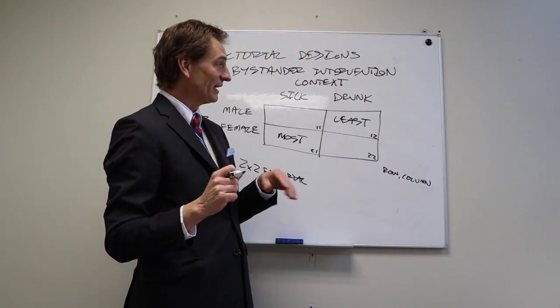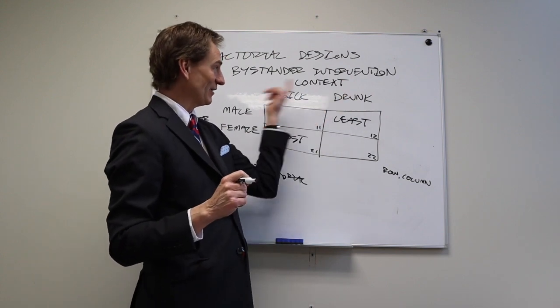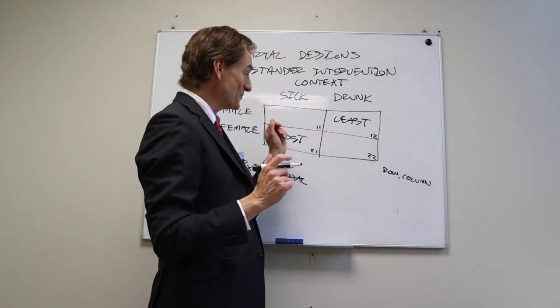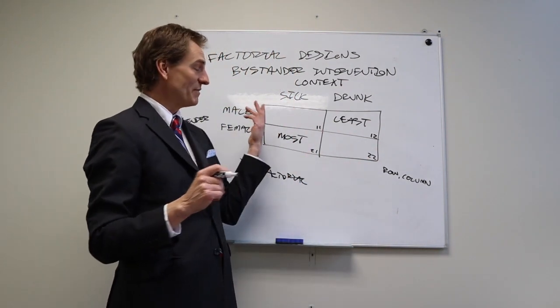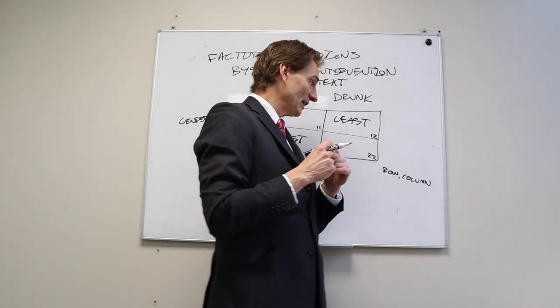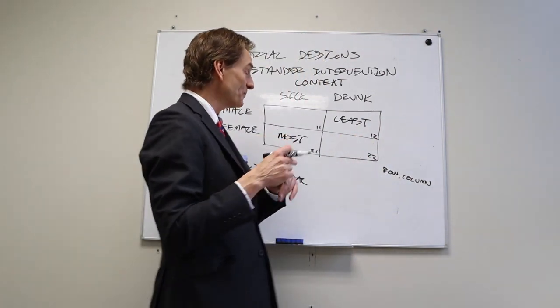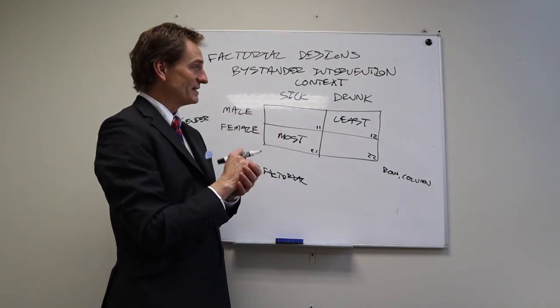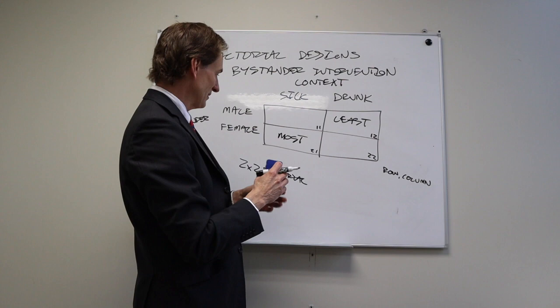I think I'd be more likely to help a drunk person. I can't catch their drunkenness. I could theoretically catch their sickness. But there's also, women are helped more than men. There's something what's called a lady in distress paradigm, where people are more likely to help women than they are to help men.